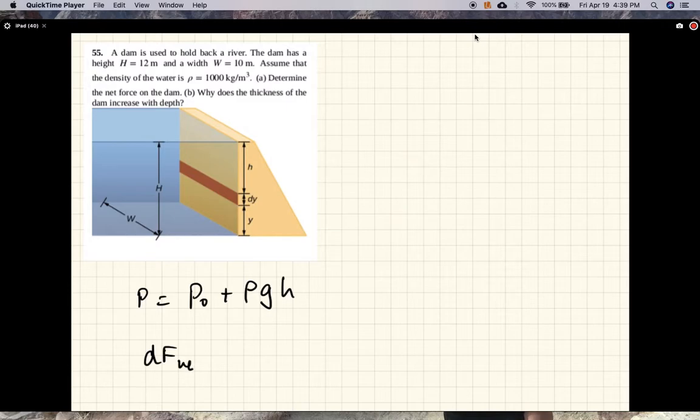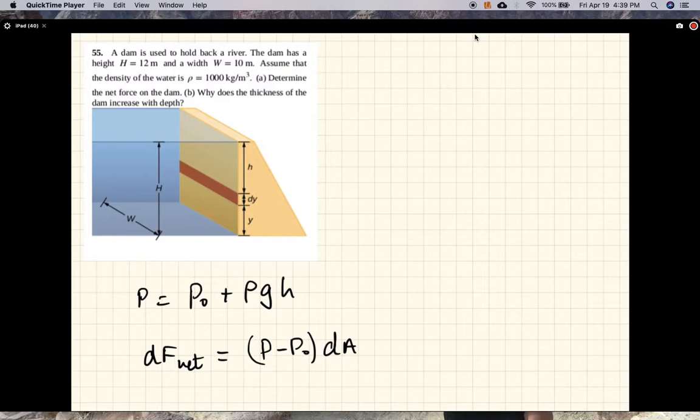The net force at a depth H is equal to P minus P0, which is the gauge pressure, times dA, where A is the area. So this is the force on this strip of the dam, and that's the area of that little strip.